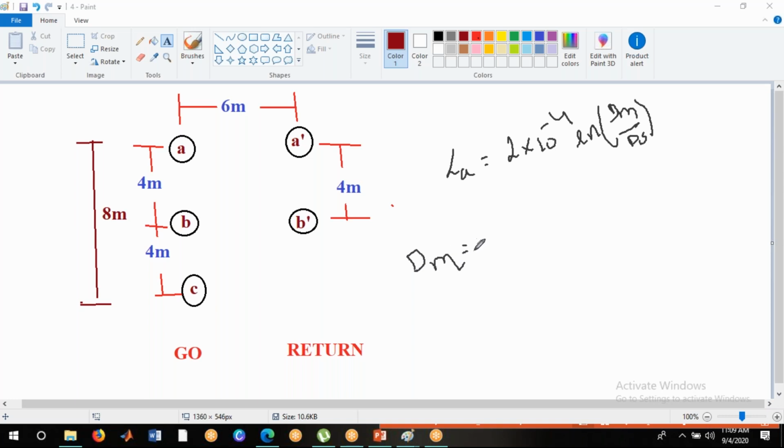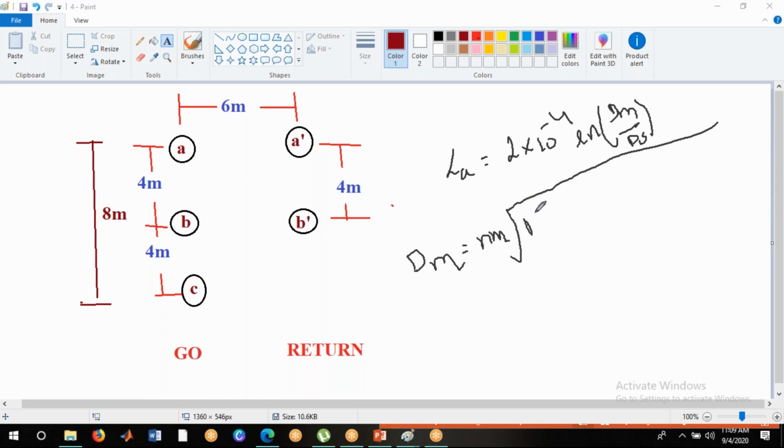So for the Dm formula, the number of conductors in this go conductor is n and the number of conductors in return is m. So Dm is the nm-th root of, from A to A dash, A to B dash. So we have to take the distance from go to return, from each and every strand.